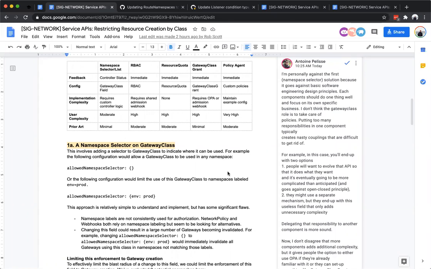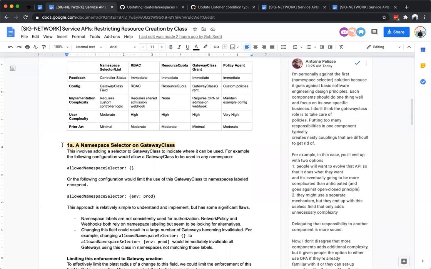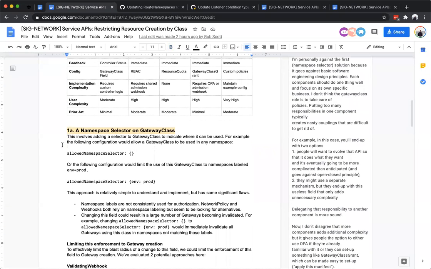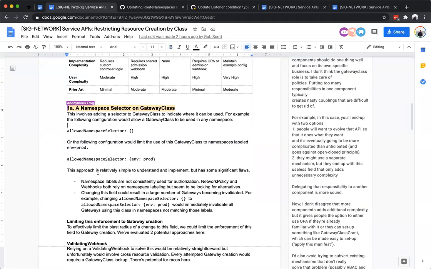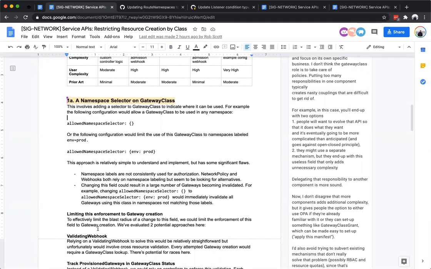But with that, I'll get into the ones that we're most familiar with. Our current implementation is 1A, which is a namespace selector on gateway class. We're probably reasonably familiar with this. And we looked into how we could limit the enforcement of this to gateway creation.